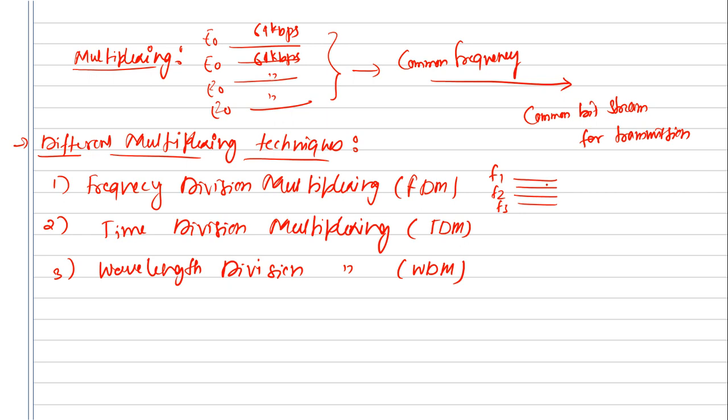So our bandwidth is divided into the frequency domain, and each of them can carry different channels. Each input signal is transmitted on its own frequency. F1, F2, F3 are our input channels. Now these are sent simultaneously.